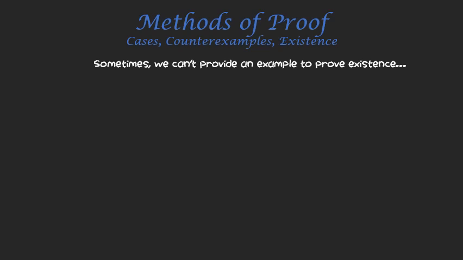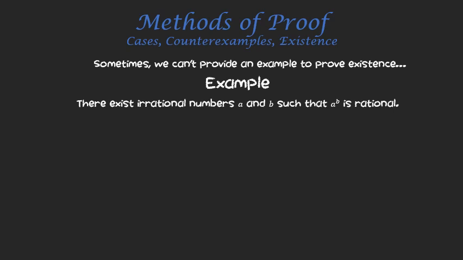Sometimes these existence proofs can be what's called non-constructive, which means I can't provide you an exact example that proves the existence, but instead I can give you a couple of options, and one of those options necessarily proves existence. So here's what I mean. We're going to take a look at this statement. There exist irrational numbers a and b such that a to the b is rational.